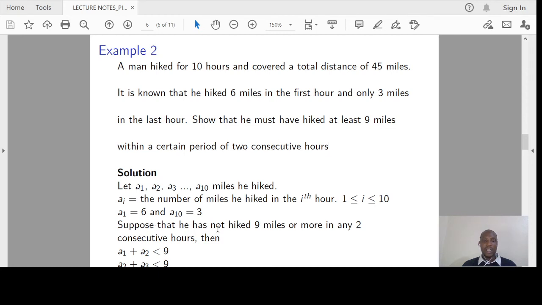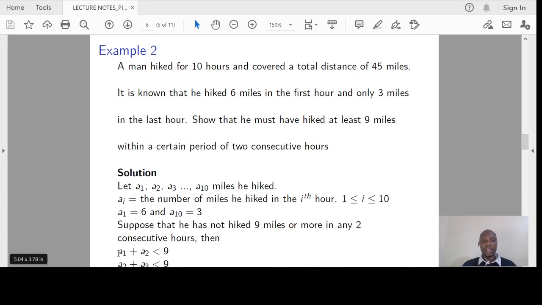Suppose that he has not hiked 9 miles or more in any 2 consecutive hours, then the computation will be A subscript 1 plus A subscript 2 is less than 9 defined on the equation. Then A2 plus A3 is less than 9.